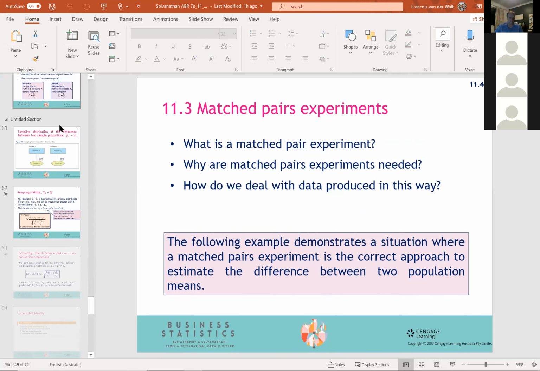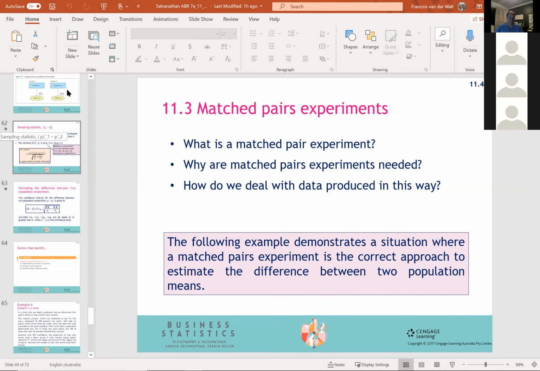So we're not looking at 11.3? I was just checking the chapter outline. Let me make it clear. Not looking at 11.1.